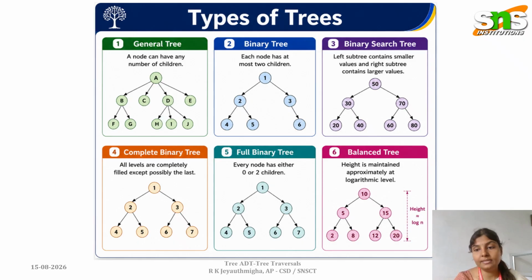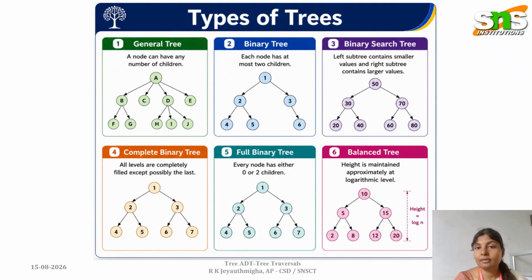The types of trees are a general tree, where a node can have any number of children. Binary tree is a tree in which each node has at most 2 children. There is a maximum of only 2 children.